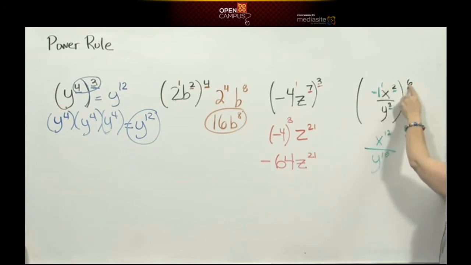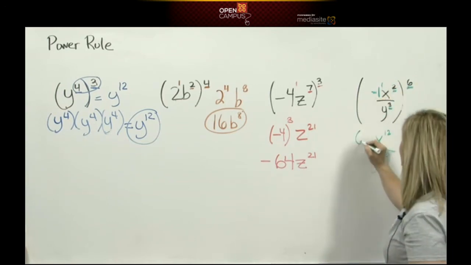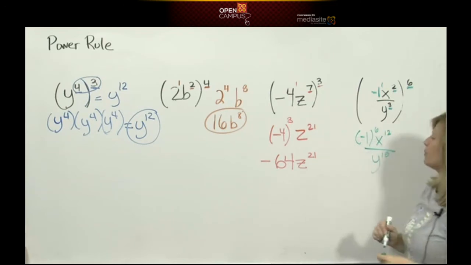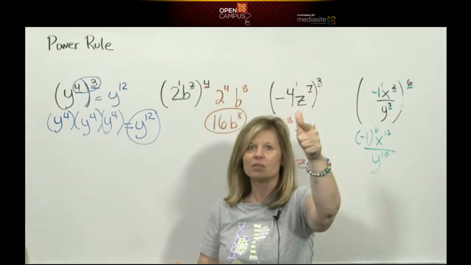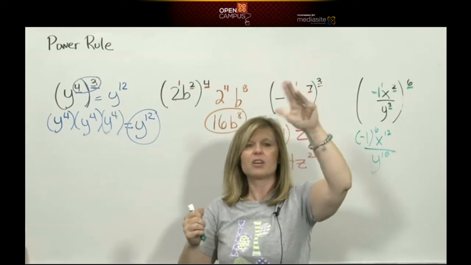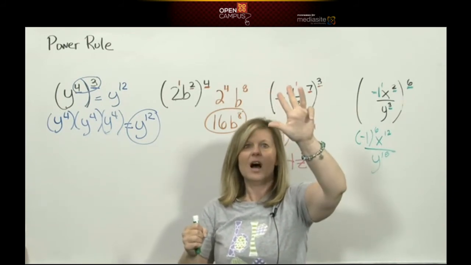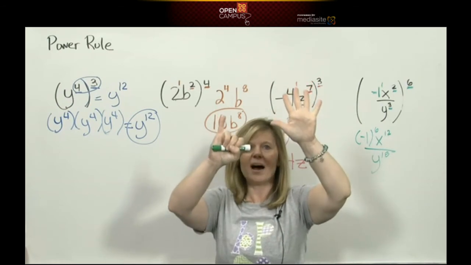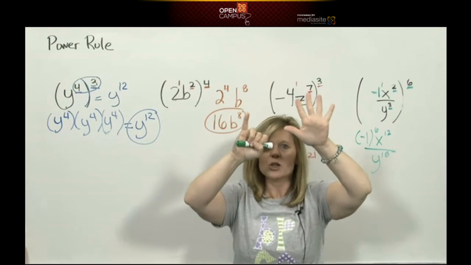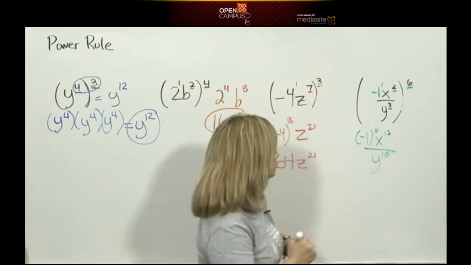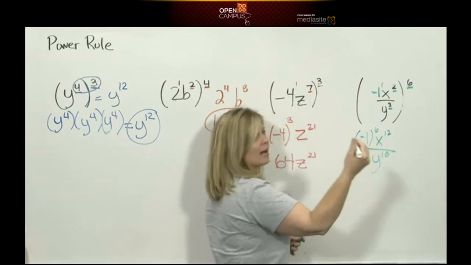And 1 times 6 would be 6, so I have to do negative 1 six times. Well, we all know a negative times a negative is a positive. Another negative times a negative is a positive. Another negative times a negative is a positive. So if you take a negative and multiply it 6 times, you'll get a positive. And if you multiply 1 6 times, you'll get 1.